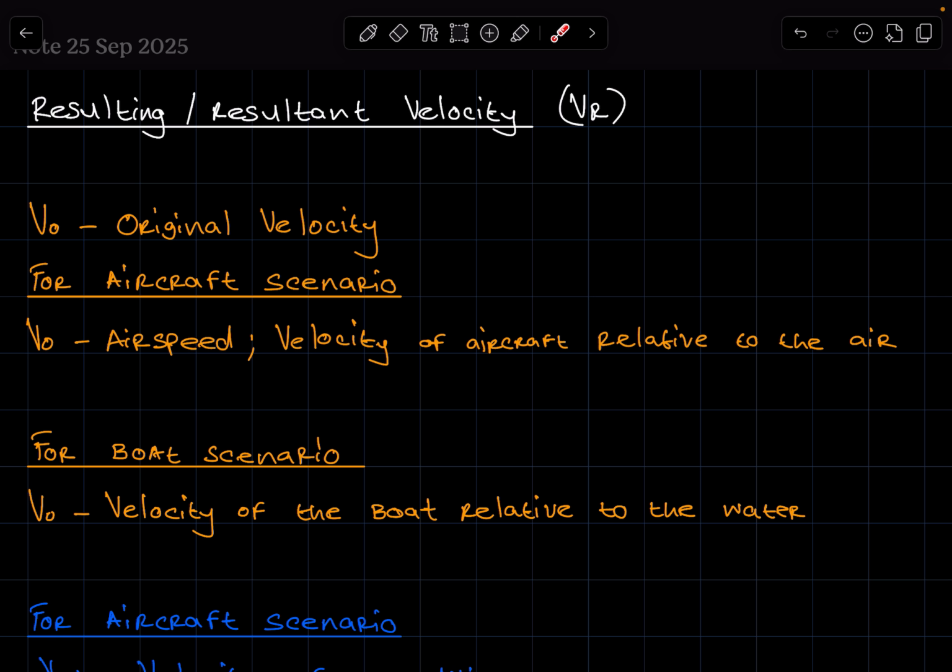That's VO, VW, and VR. You have to establish from the problem statements if you've been given any of these three velocities: VO, VW, and VR.